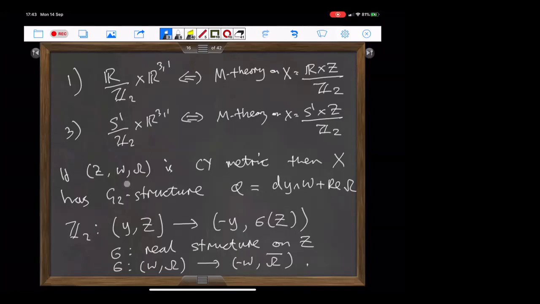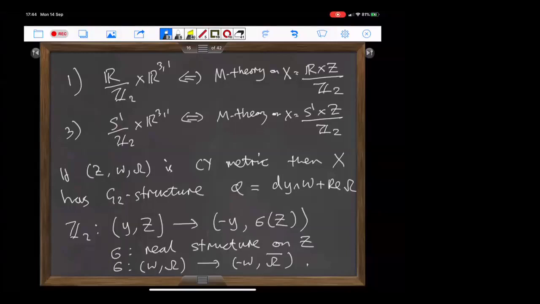So if, on Z, small omega and big omega is a Calabi-Yau structure, then X can be endowed with a G2 structure phi, which is written down there. And the Z2 acts in the following way. It's a parity transformation in the Y direction, and it acts on Z essentially as complex conjugation.